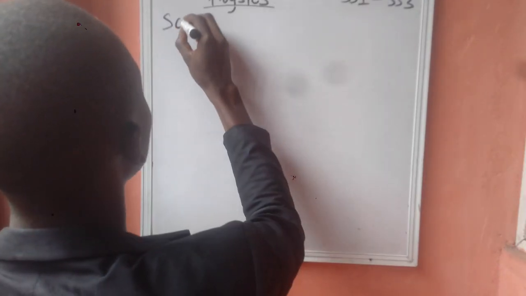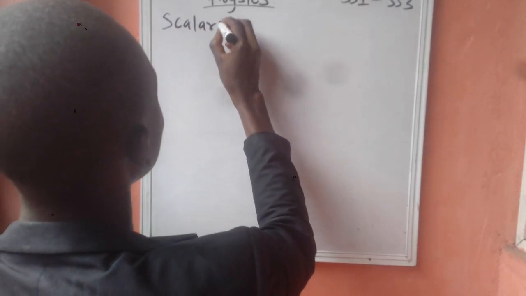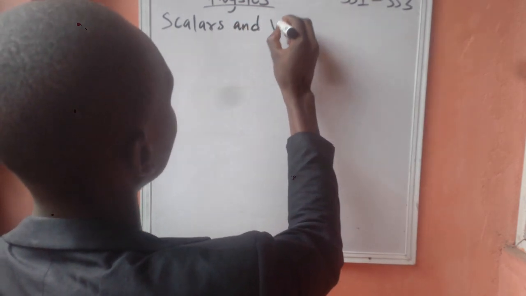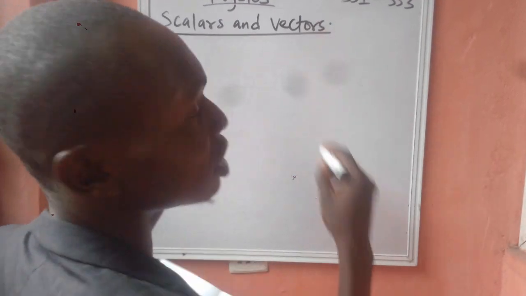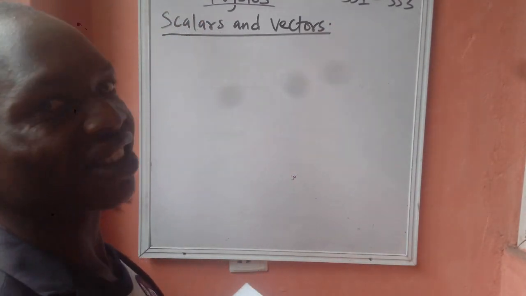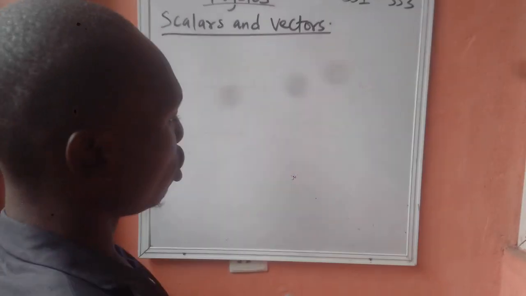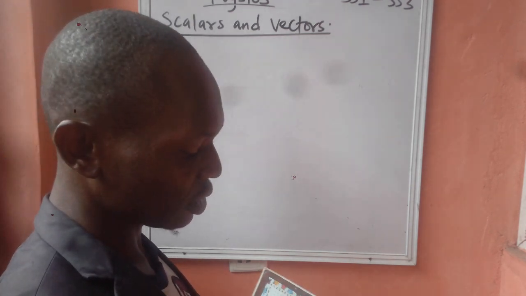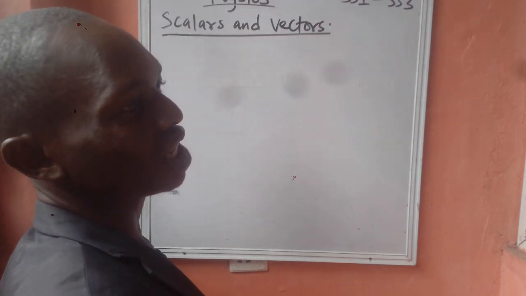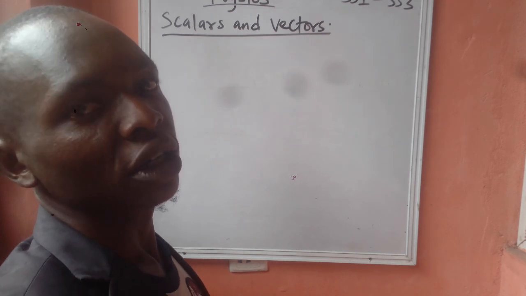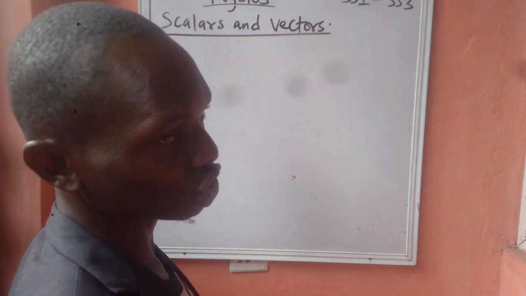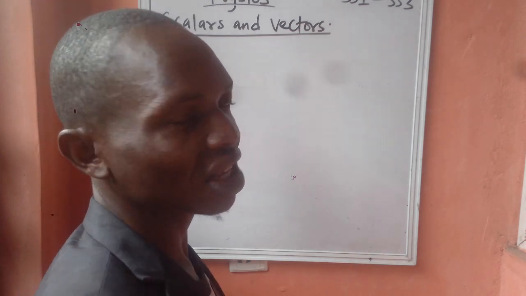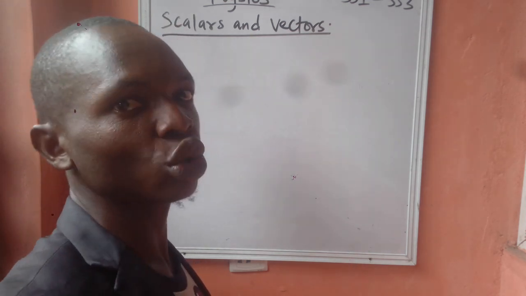Alright, we will look at the topic scalars and vectors. First, you must know that scalar quantities are quantities that have size but no direction. That is, they have magnitude but no direction. Now, vector quantities have both magnitude and direction. Take notes.